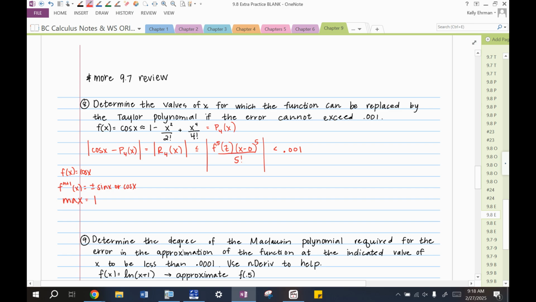So we can put a 1 in for the fifth derivative at z. And this would just be x to the fifth over 5 factorial, keeping that less than 0.001. Now, I'm solving for x here, so I'm going to multiply 5 factorial over to the other side. So x to the fifth is less than 0.001 times 5 factorial.